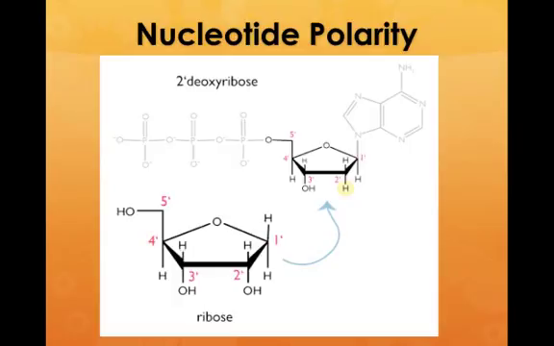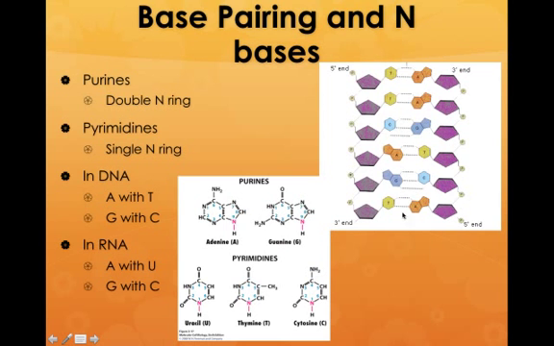Again, nucleotide polarity. The 5' end is the phosphate sticking out at one end, and the 3' end is where the hydroxyl is sticking out. If we go back here, you'll know this is the 3' hydroxyl end, and the phosphate is the 5' end.